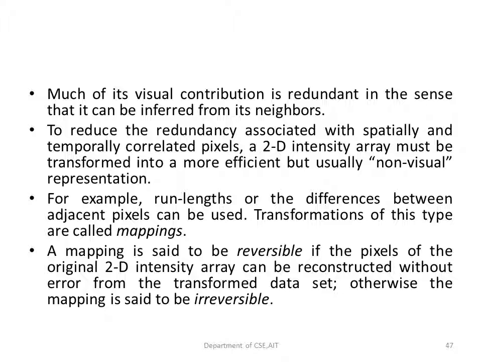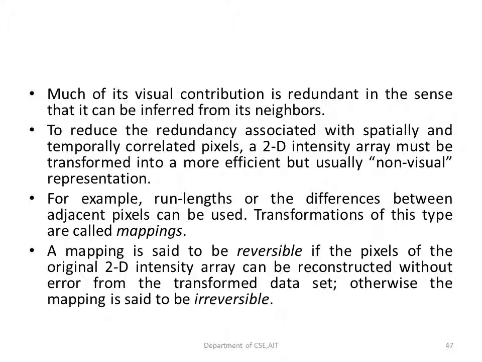Most of the visual information is redundant, in the sense that from the neighbors we can get to know much of the information about the center pixel. So to reduce the redundancy associated with spatially and temporally correlated pixels, a two-dimensional intensity array should be transformed into a more efficient but non-visual representation, because a visual representation can give rise to errors. That means the run lengths or the differences between adjacent pixels can be used as information instead of the visual information.